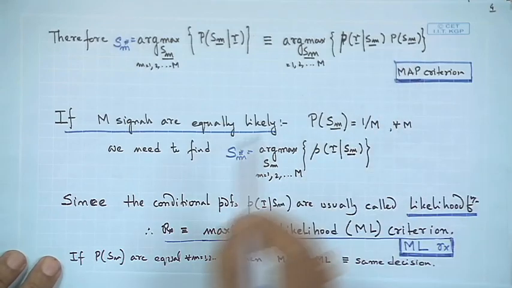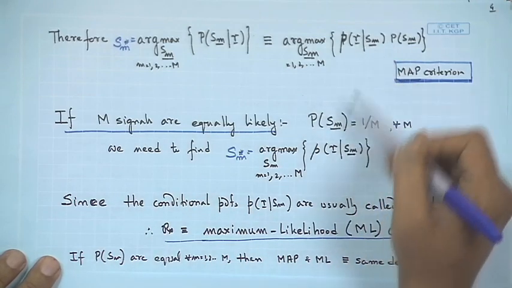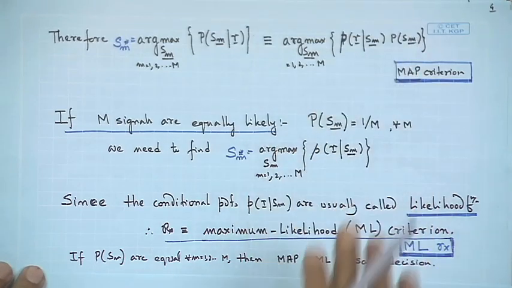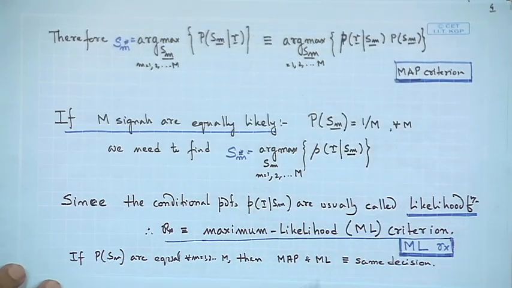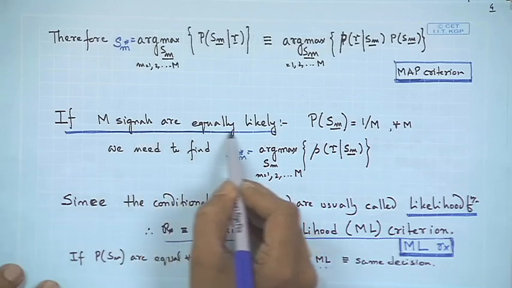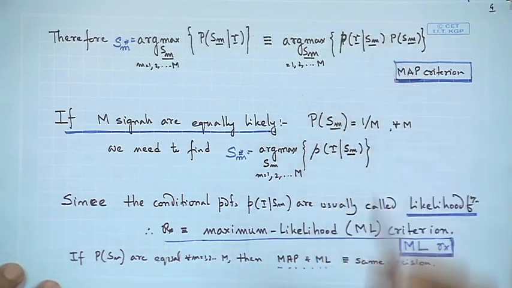So, if the signals are equally likely, equiprobable, these two expressions will not be the same, but they would give the same output. That means the MAP and ML would result in the same solution. So, if we know that signals are equiprobable, we do not need to use this part, we only use this part of the expression and therefore, we have the ML receiver.